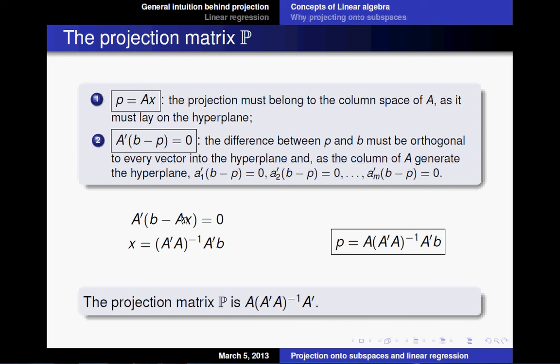By replacing P in this inner product with the definition of P, which must lie on the plane, so we replace P with AX, we easily obtain that X must be (A transpose A) inverse times A transpose B. Then, replacing this in the formula of P, we obtain that P must be A (A transpose A) inverse A transpose B. This is a matrix, so the projection matrix will be A (A transpose A) inverse A transpose.